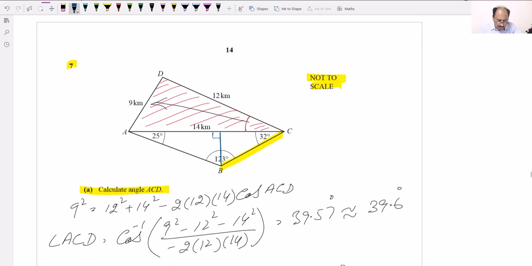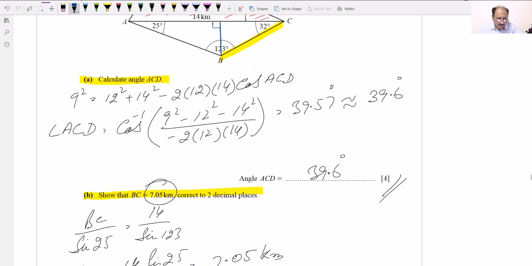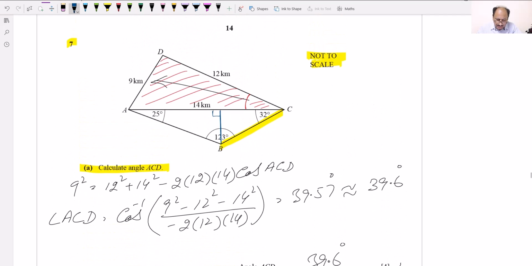We also have this side, 7.05. And what else? We can take this point as E. If I erase the rest, it will be point E.